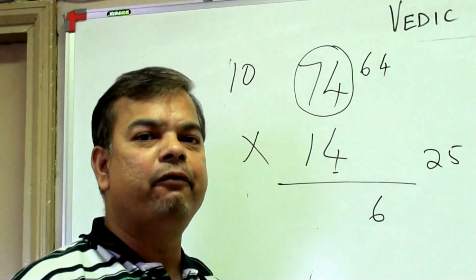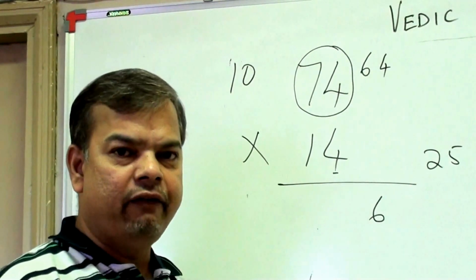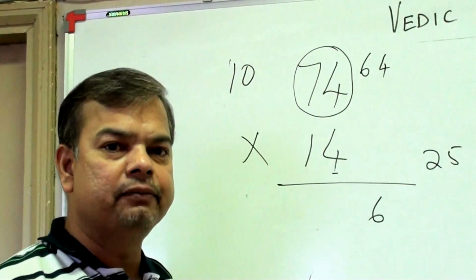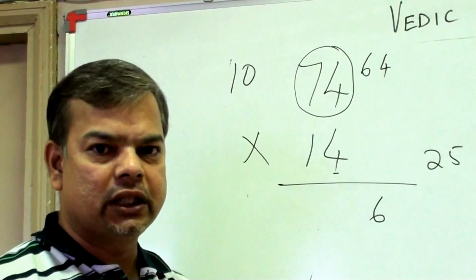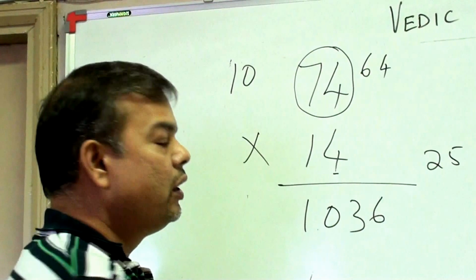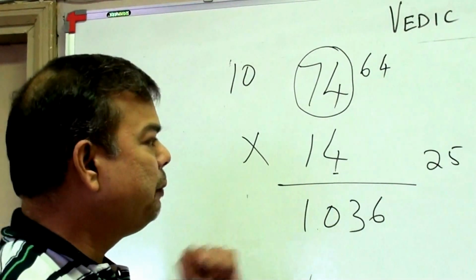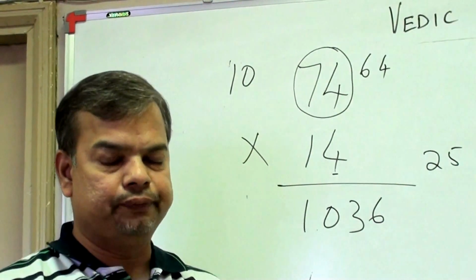So this becomes 74 plus 4, that is 78. 78 plus 25, so 78 plus 20 becomes 98 plus 5, 103. So answer is 1036. So with this technique you can multiply such two numbers also.